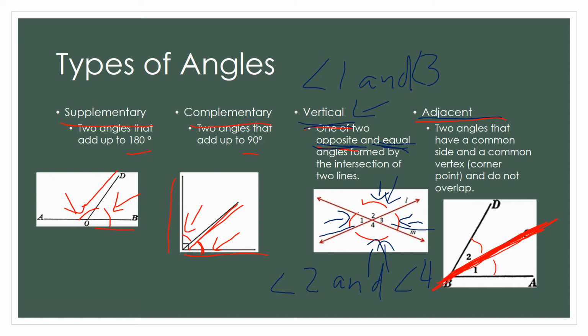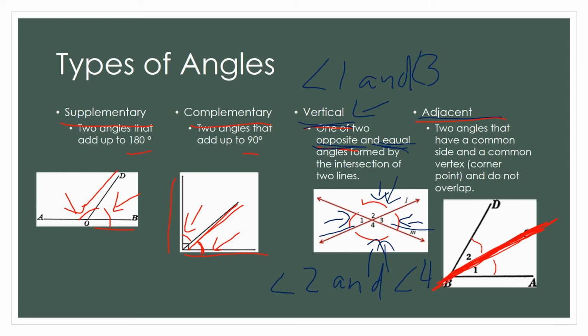So angles 1 and 3 are vertical, and then angles 2 and 4 are vertical because they're opposite.